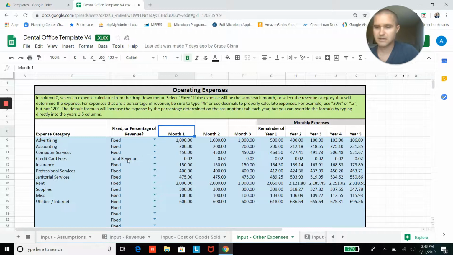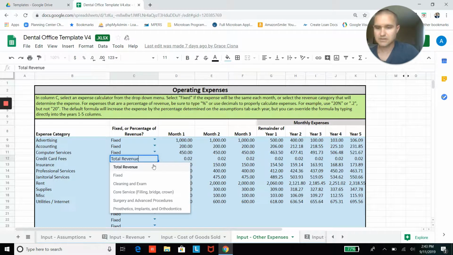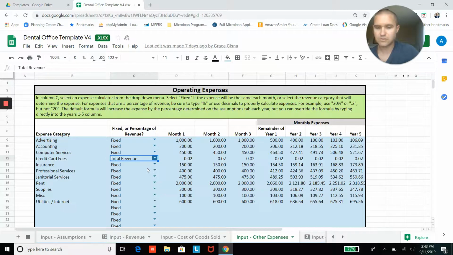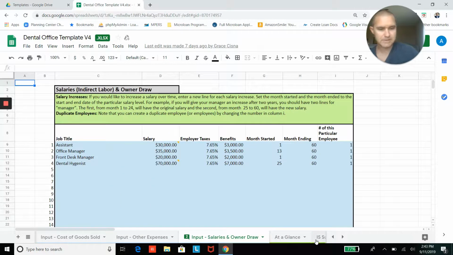But things like credit card processing fees are probably going to be a percentage of revenue, right? So we come in here and select total revenue, and we've got 0.02, which is 2%. So this is entered in as a percentage. 2% of total revenue will be your credit card processing fees. So you can play around with all those operating expenses.